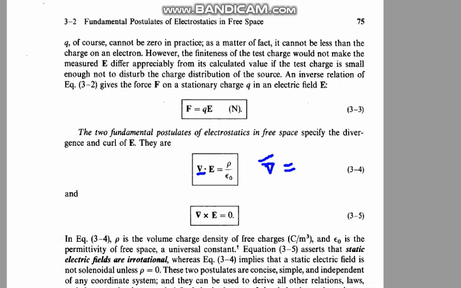In these lectures or in this book, we write all the bold face letters as a vector sign. So that will be d/dx, as it is known as partial differential equation, plus d/dy.